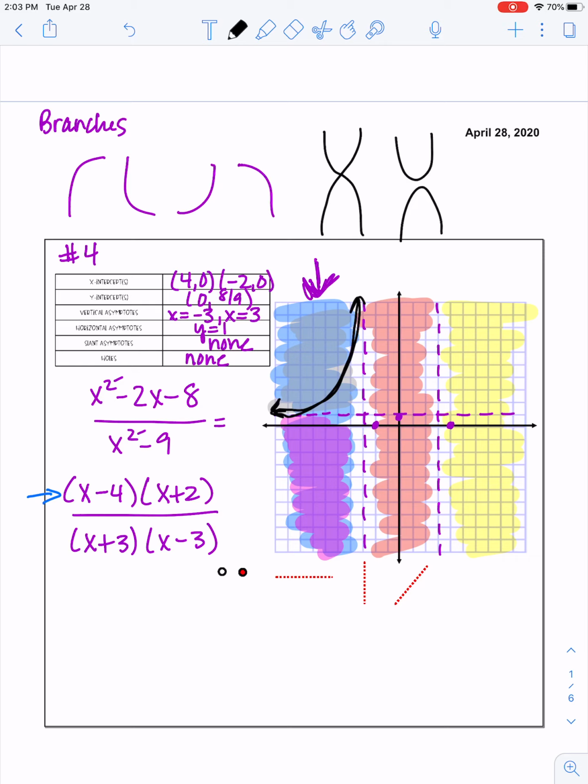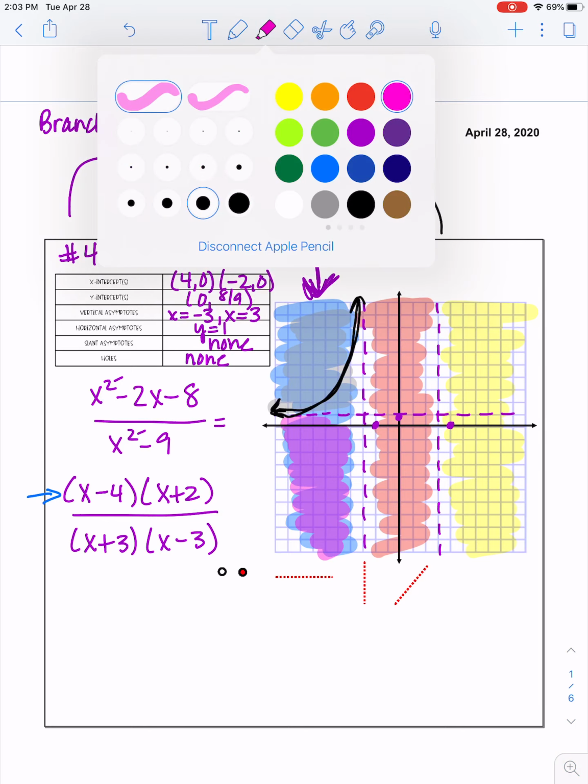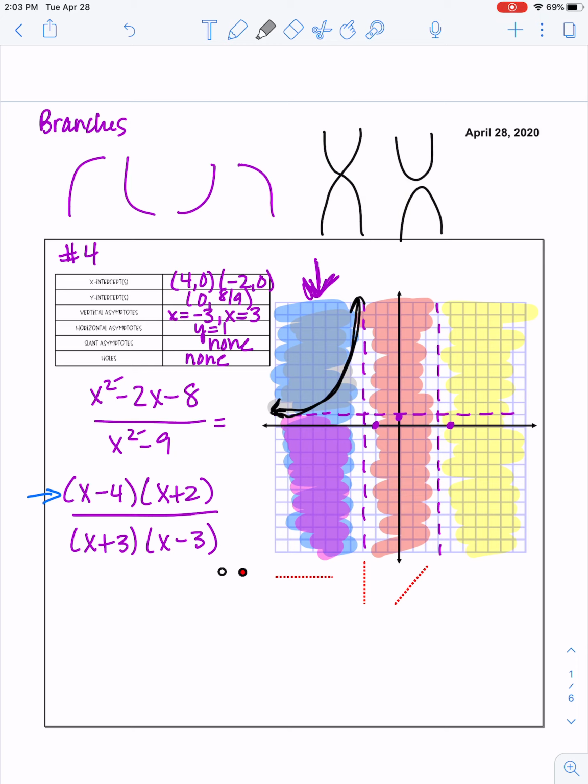So when I look at just this piece right here, I know my branch has to either look like this or like this, right? So if I draw it here, and it's approaching the asymptotes, or if I draw it here, I have to figure out which branch.